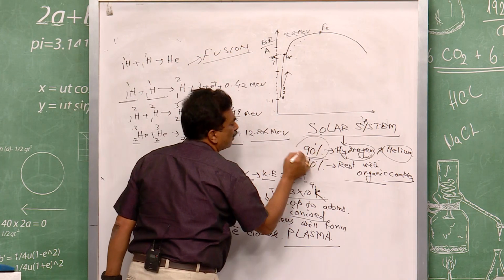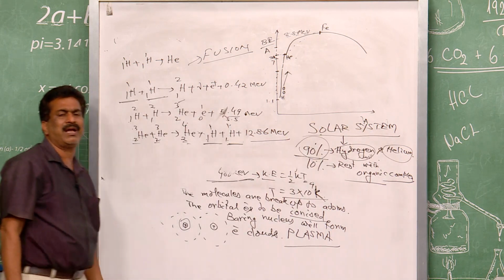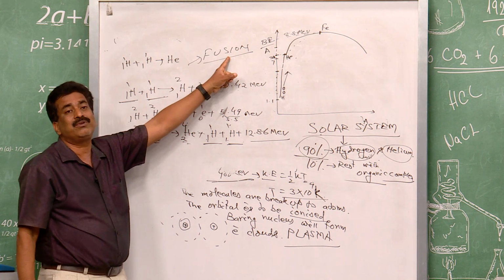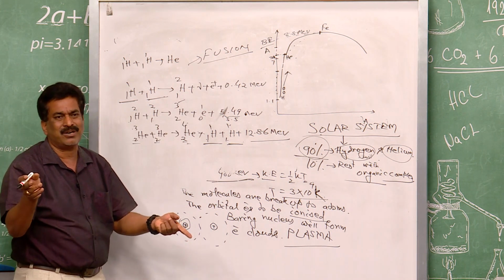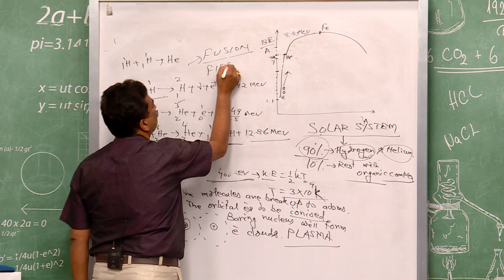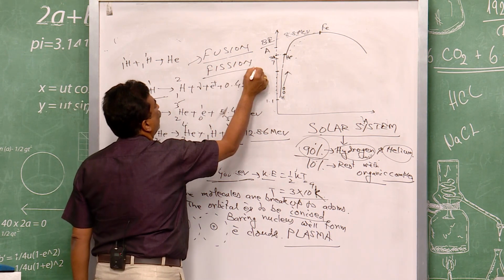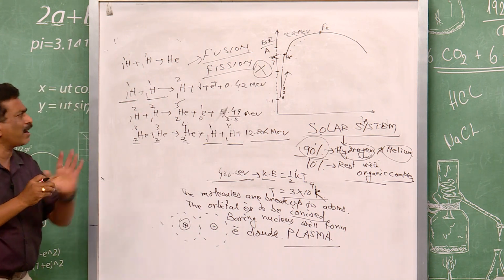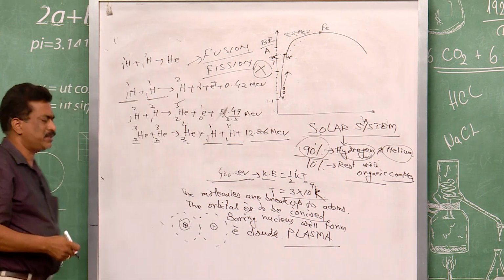The 90% lighter particles are there, and their combinations will go on and make fusion. So in the solar system, there is no chance of fission. The fission will never happen in the solar systems.